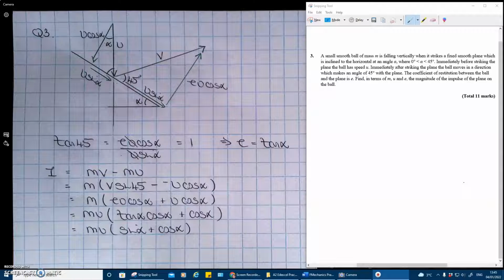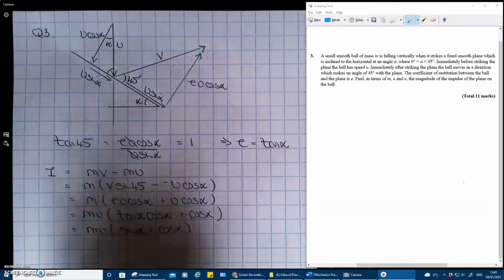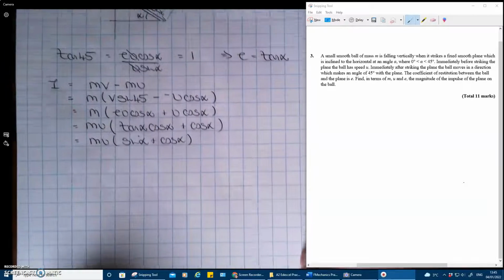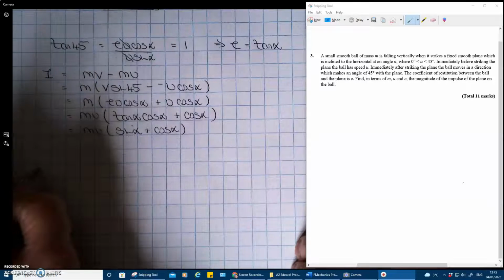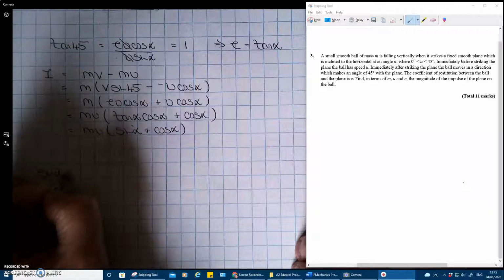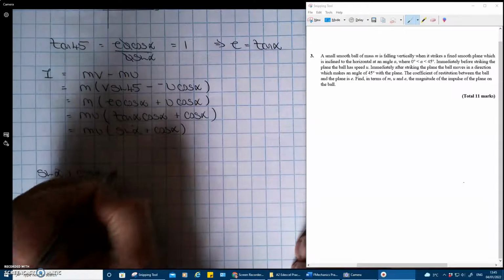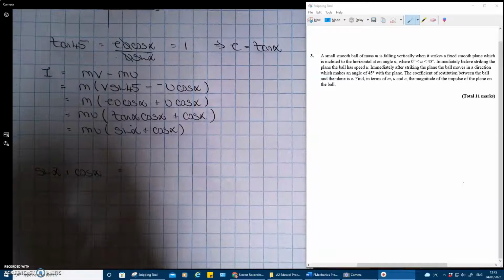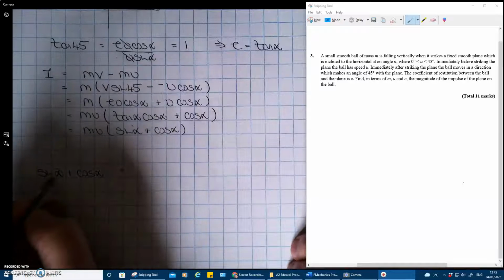Okay, we now need to get sin alpha and cos alpha in terms of E's effectively. So let's do a little aside if you like. So sin alpha plus cos alpha. Because I've got tan alpha in terms of E, I'm going to divide everything by cos alpha.